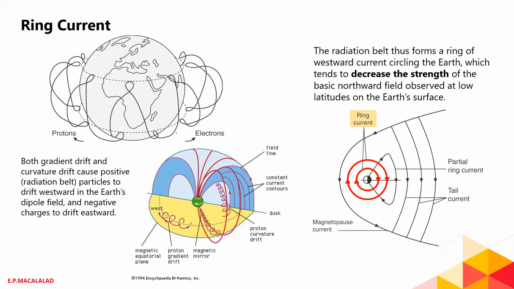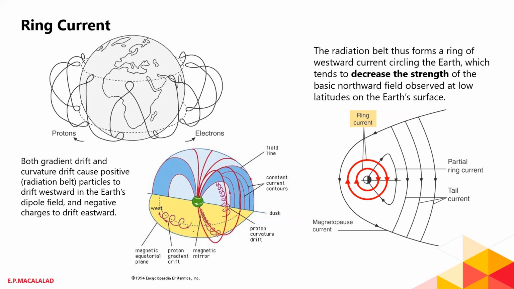The net effect of the bounce, drift, and gyro motion of the charged particles around the magnetosphere, or around the Earth, will produce a flow of protons or positive ions in the westward direction, and the electrons will move in the eastward direction. I hope you still remember our lesson during that time.